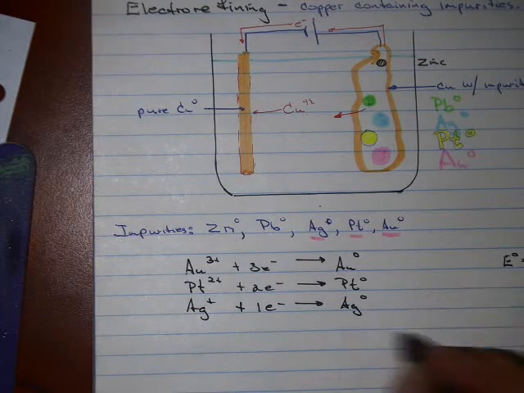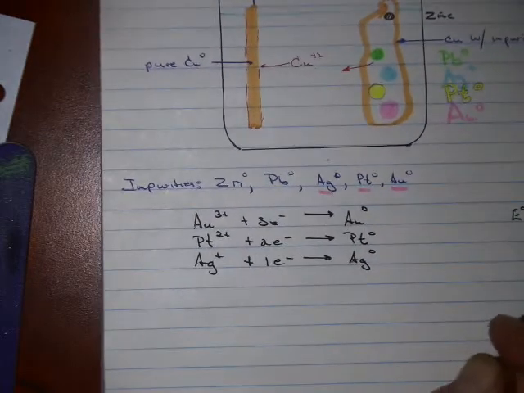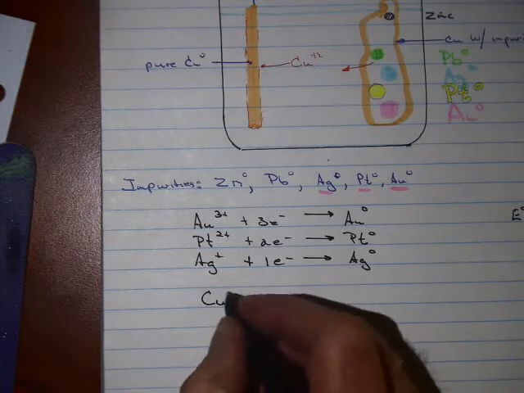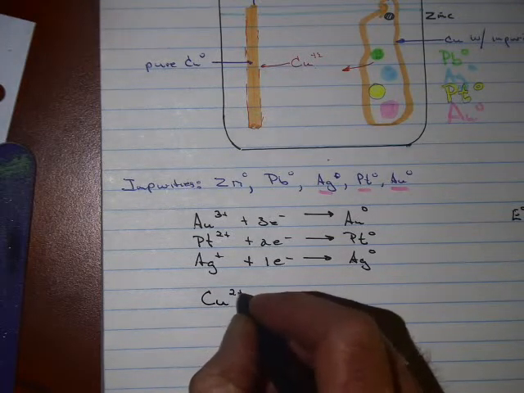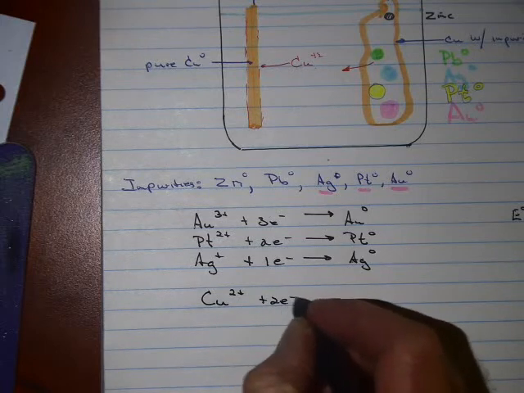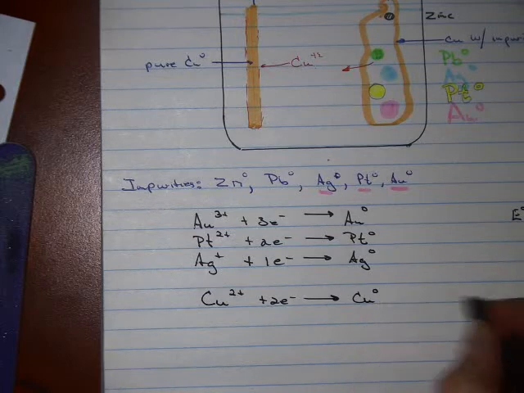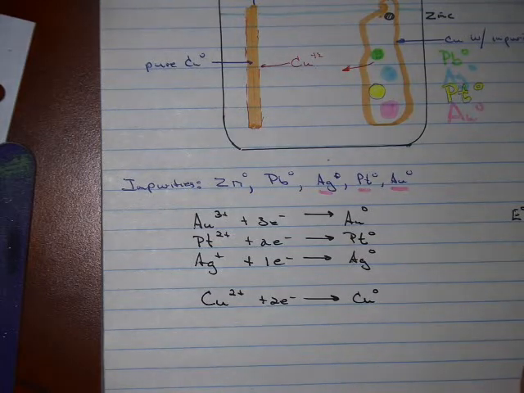Okay, the guy in the middle, I'm going to put a space here, and you'll see why in a second. The one we're dealing with is copper, and copper 2 plus plus 2 electrons produces elemental copper, and he is plus 0.80, and this is plus 0.15.